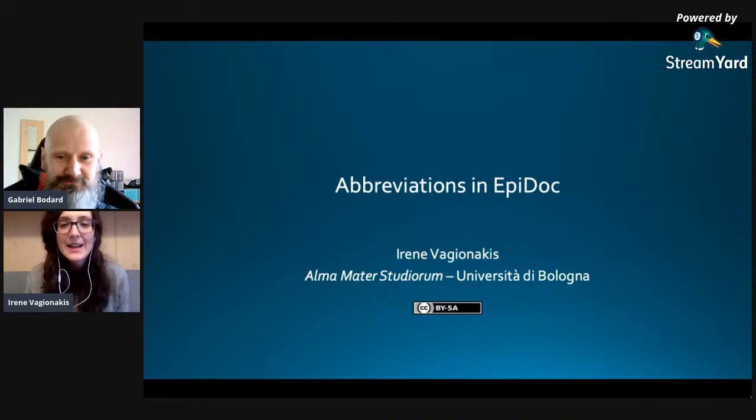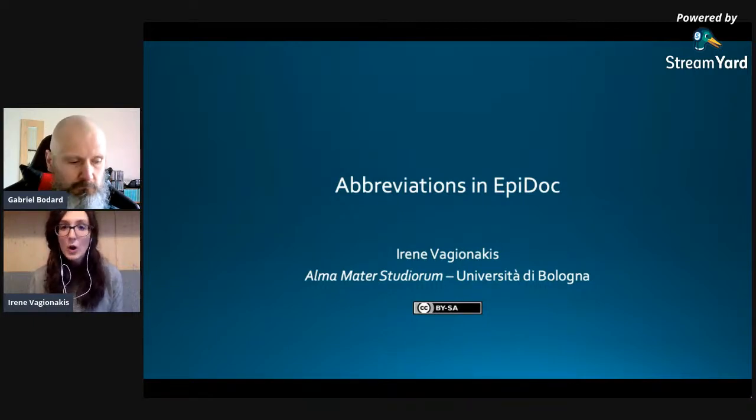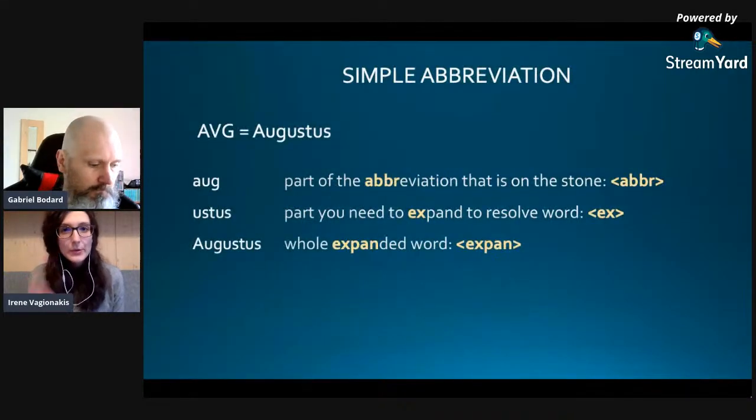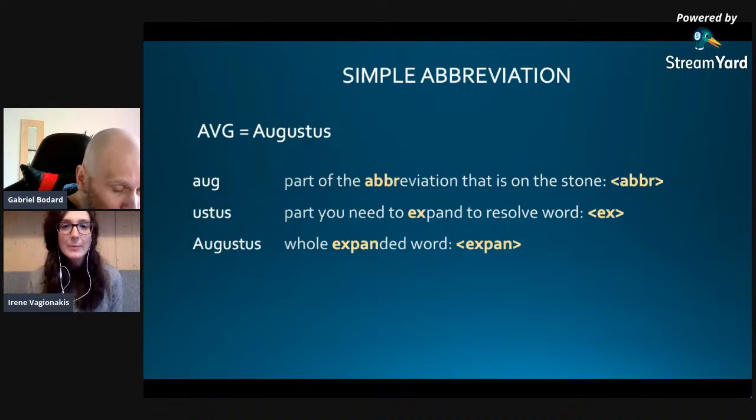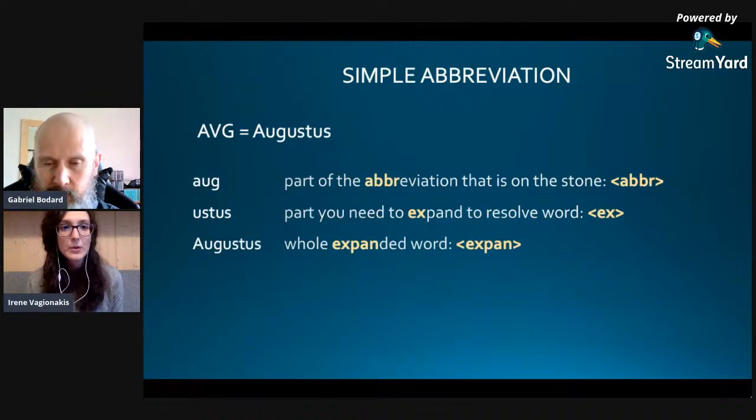Okay, thank you. So now we are going to see how to encode abbreviations in EpiDoc, and this is quite important because the abbreviation markup is slightly more complex than other cases in EpiDoc. When you have an abbreviation, and we're starting by considering a simple abbreviation case, we have several elements, more than one element. Let's take, for example, AUG, standing for Augustus.